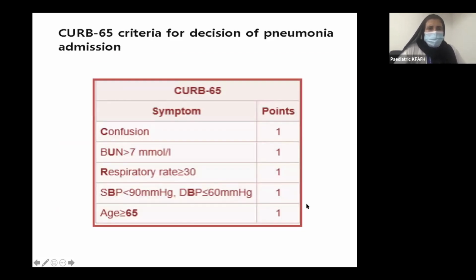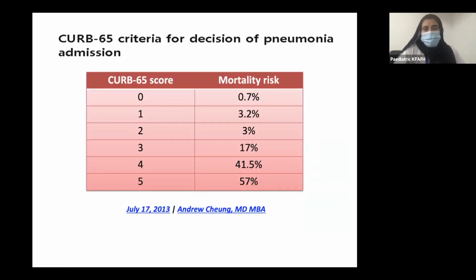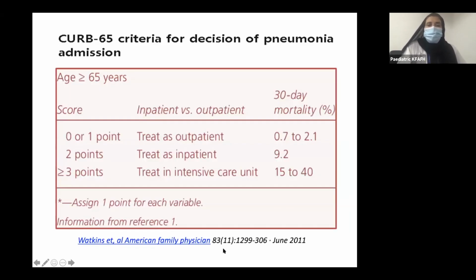And CURB-65 doesn't apply to the pediatric age group, but it is an important criterion that is linked with MERS-CoV, because it estimates the severity of illness or pneumonia in the adult group, and it actually helps in the decision to admit. So if the score is 0 to 1, then that patient will most probably be treated as an outpatient, because the 30-day mortality is 0.72%.